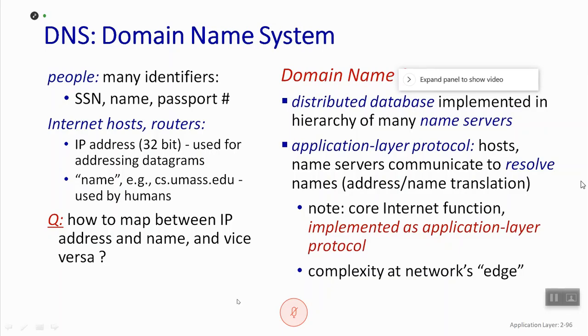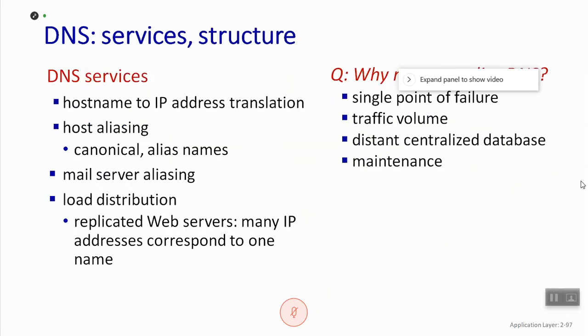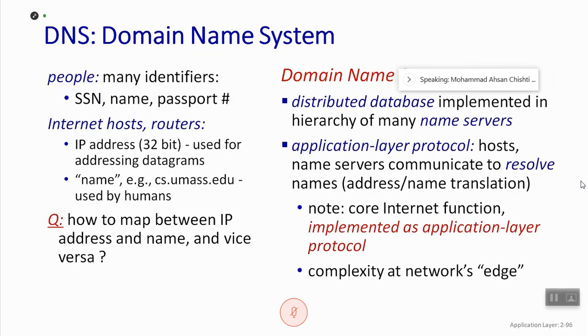The services that DNS provides are host name to IP translation, also translation of alias names, not just for HTTP; it does mail server aliasing, and it does load distribution also. Also, the domain name system uses a distributed database, which means it is implemented in many different servers.